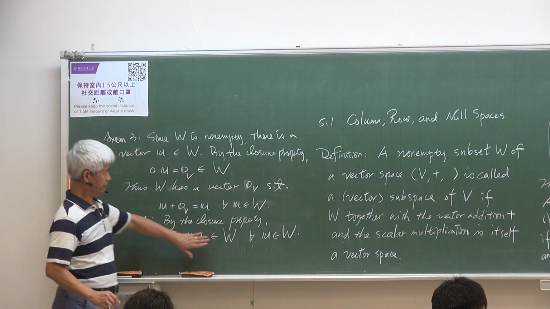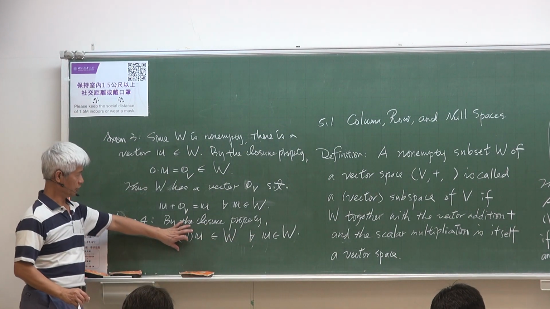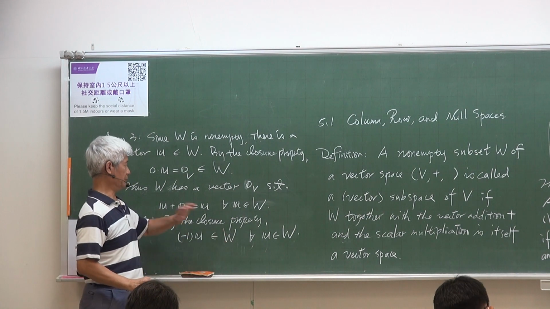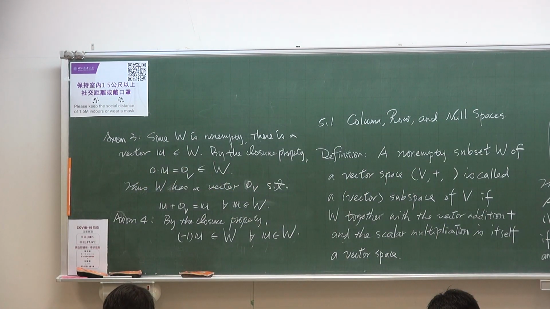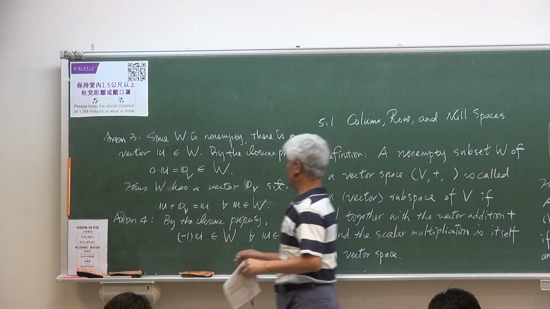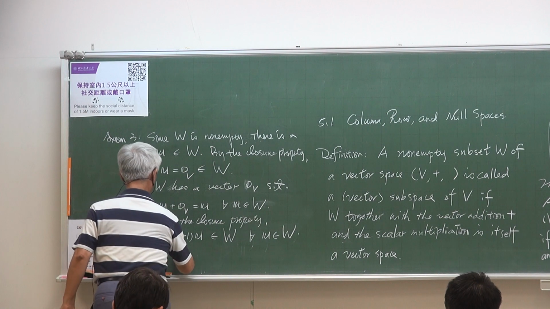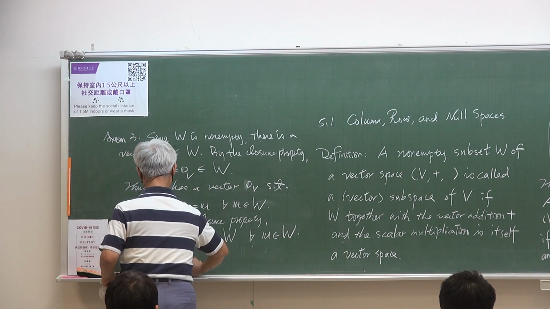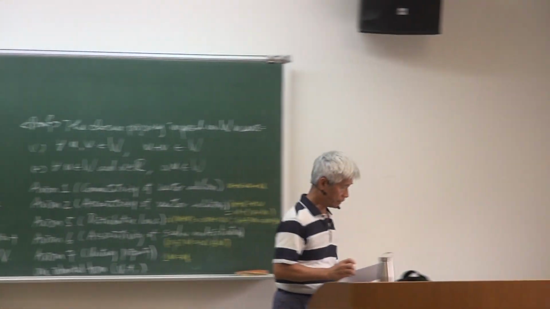So we multiply with minus 1, right? So minus 1 u is in W because of the closure property here. Alright, and then minus 1 u.